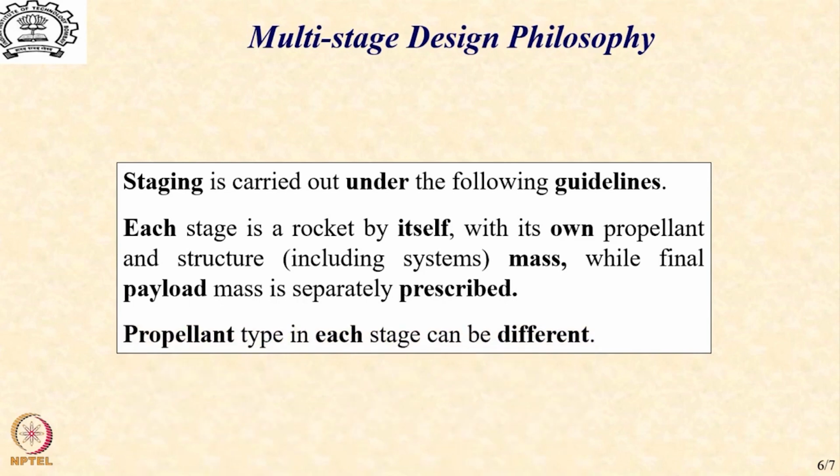Of course, in the example that we have seen now, we have not really changed the ISP of the propellant, and you will immediately note that if we do that, the performance that we can get is significantly different. For example, if you use a higher ISP fuel in the higher stages, the amount of velocity increment that you can get even for 2 stages is very high.